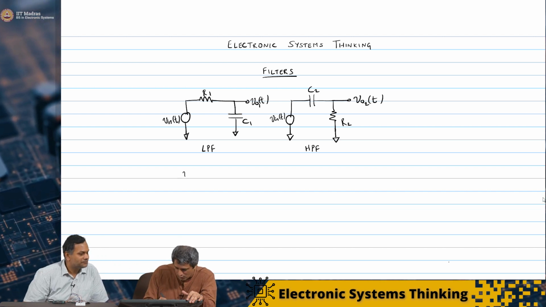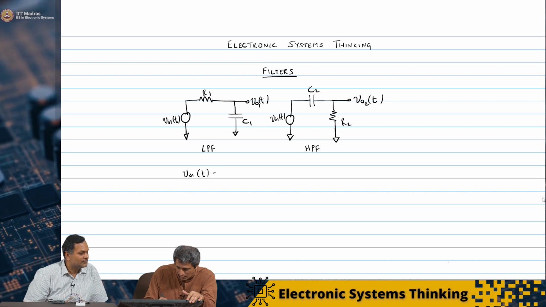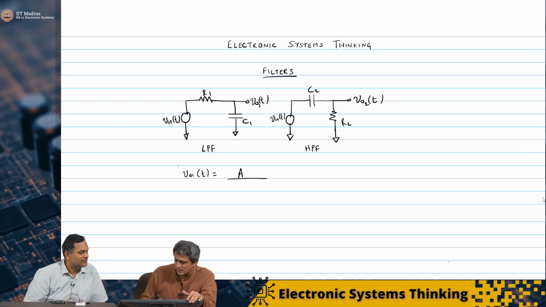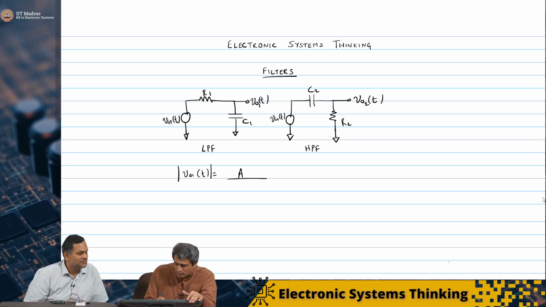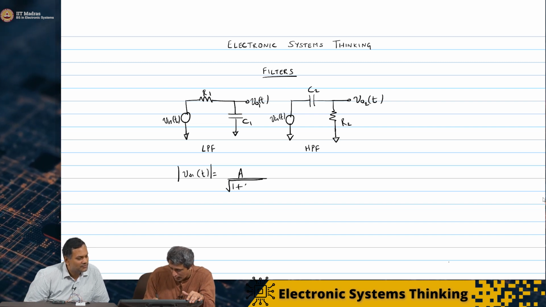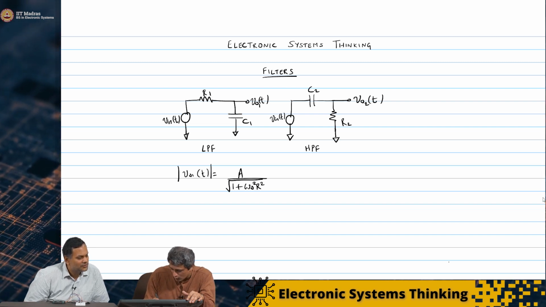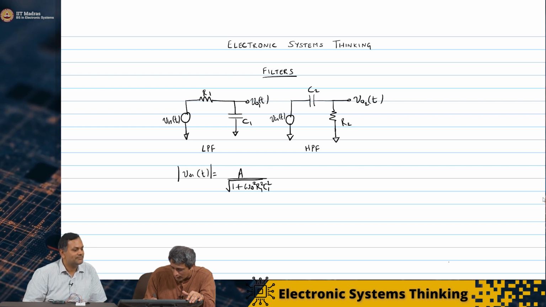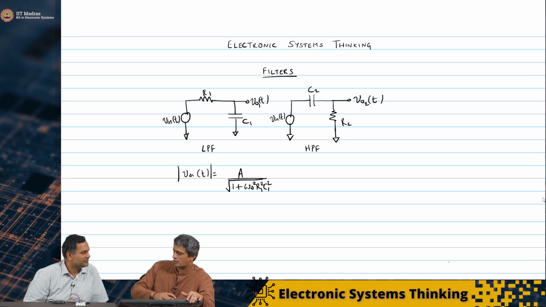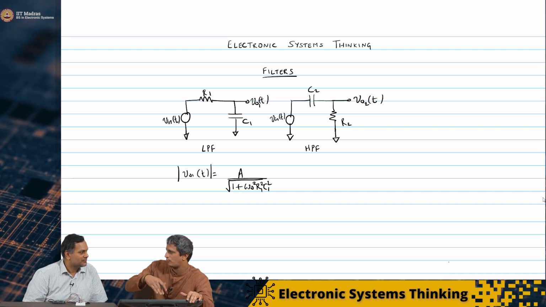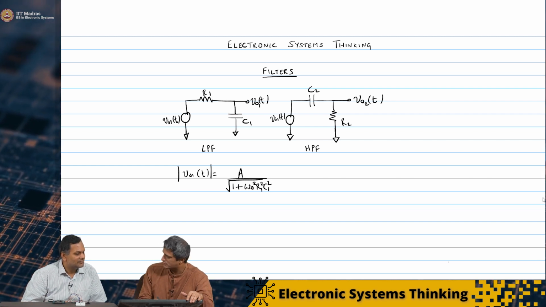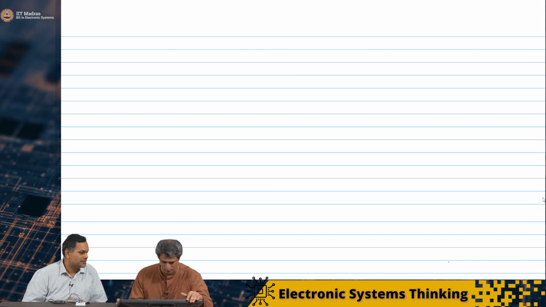So this V out 1 of t, if you remember the amplitude, I'll just write it as the magnitude. Forget the sinusoid part. I'm going to write it like this: 1 plus omega naught squared R1 squared C1 squared. And the high pass filter is input amplitude minus, a slightly more complicated form, but let's just focus on this expression.